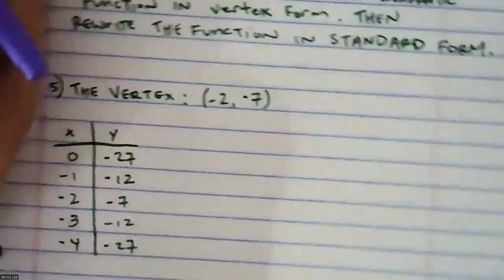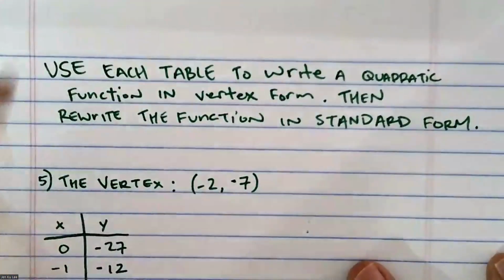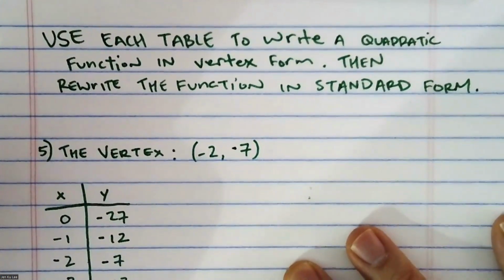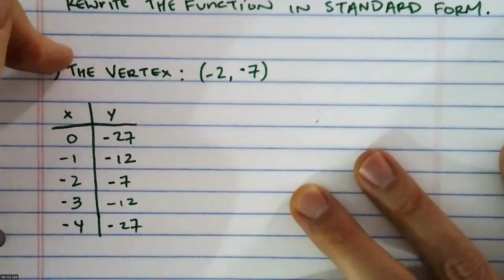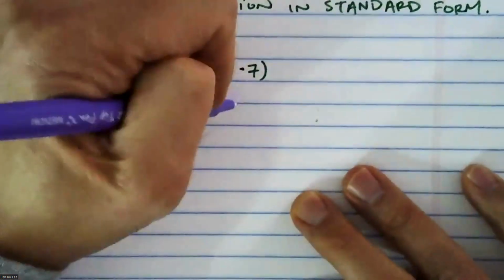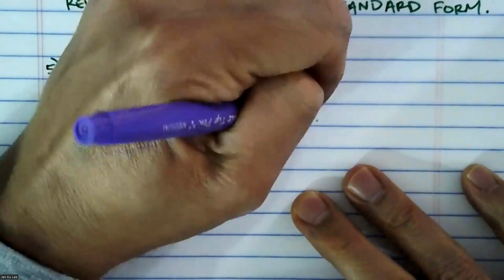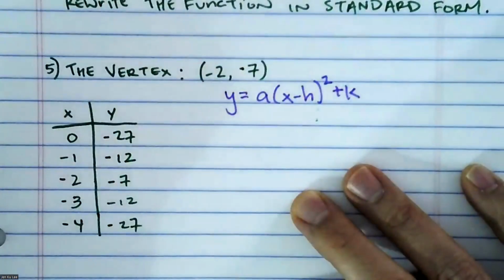All right, and really quick, my last one: use each table to write a quadratic function in vertex form, then rewrite the function in standard form. So here the vertex is that. Remember, the vertex form is y equals a times (x minus h) quantity squared, plus k, right?